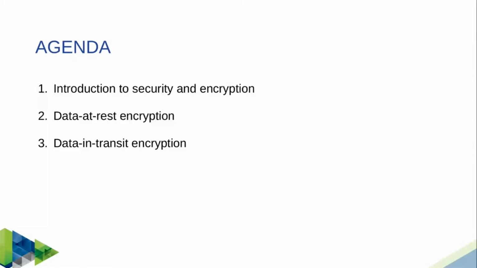And the other topic, data in transit, so encryption on communication channels. That's going to be our focus here. And as I already mentioned, my plan is to do a little bit of hands-on after each one of those topics.